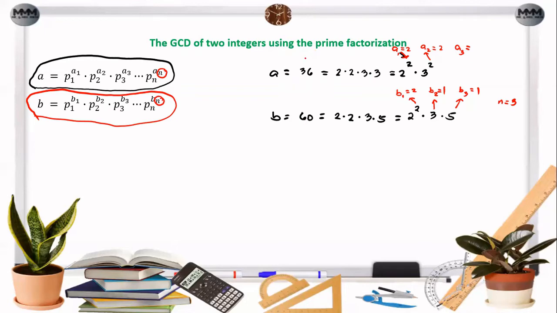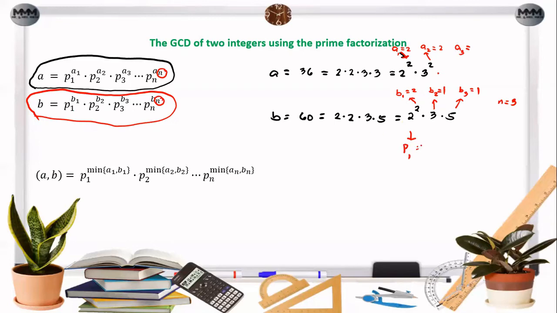For identity property, it means if you multiply 1 to a number, the answer is that number. So we multiply here the number which is equal to 1. And what is that number which is equal to 1? By the way, take note here that we should have the same P1.